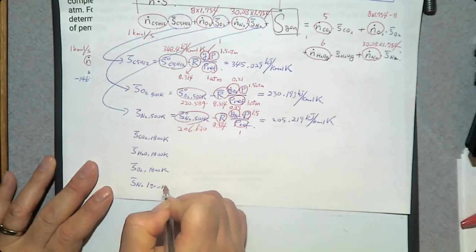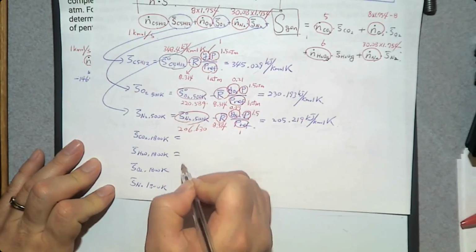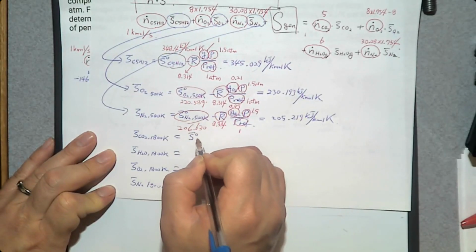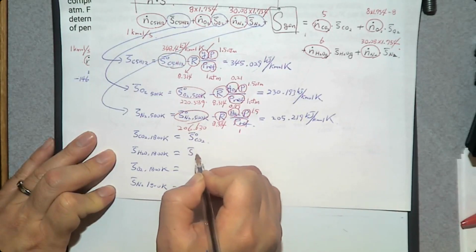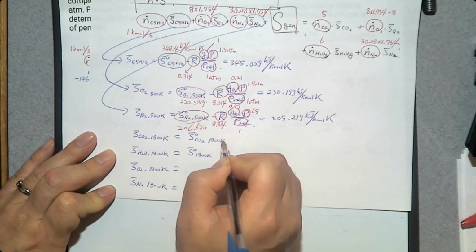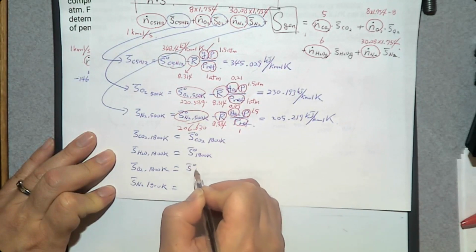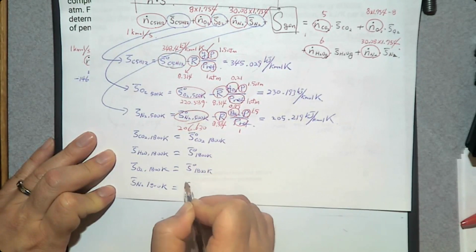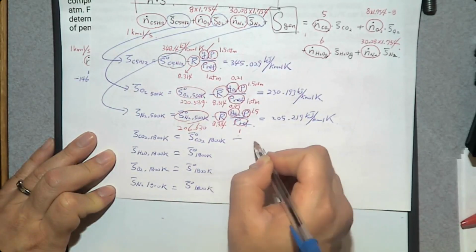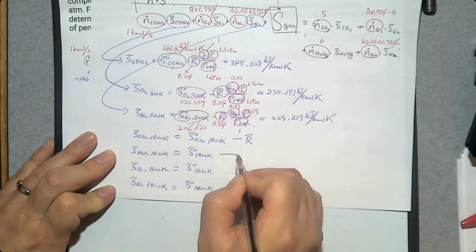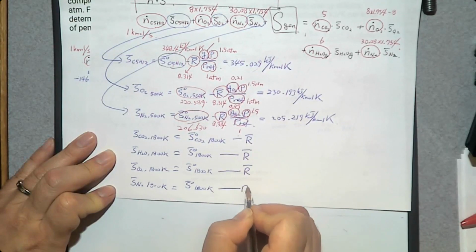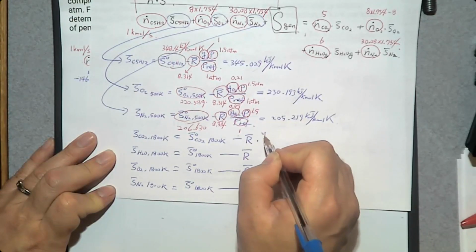1800. How do you find these values? The same equation. Absolute entropy at 1800, minus gas constant times partial pressure.